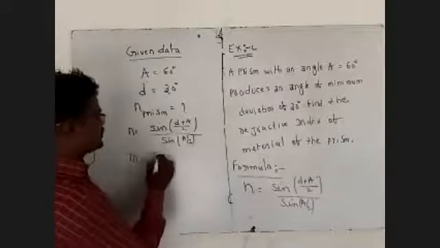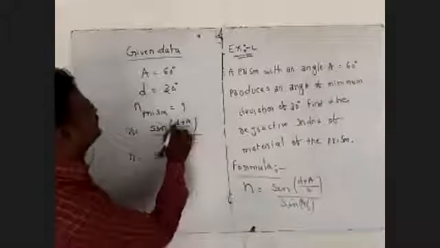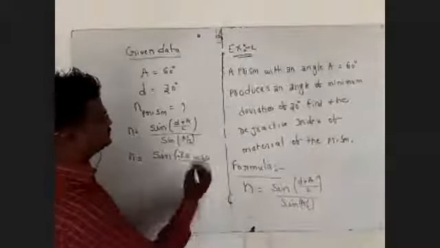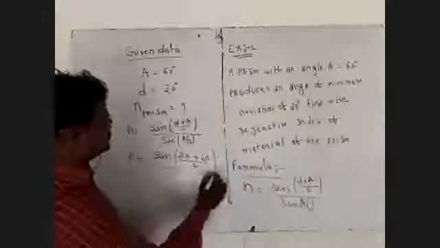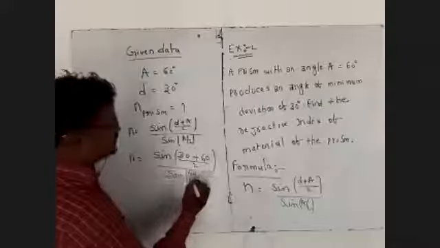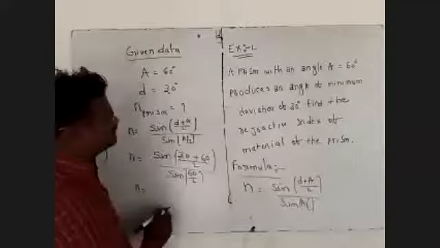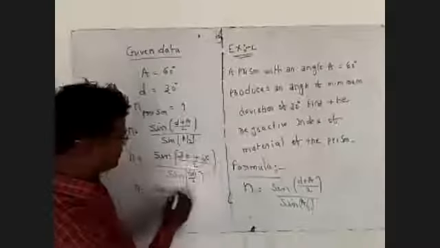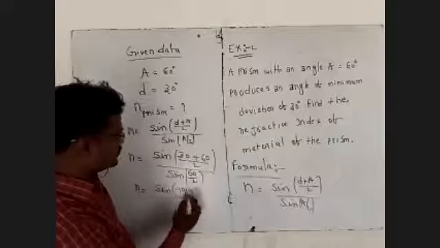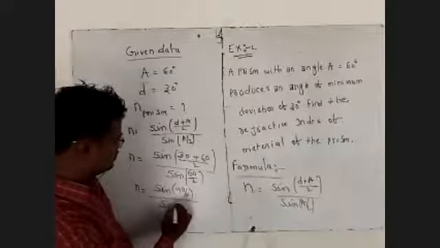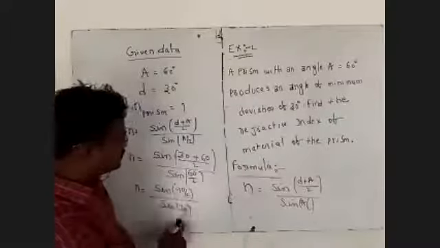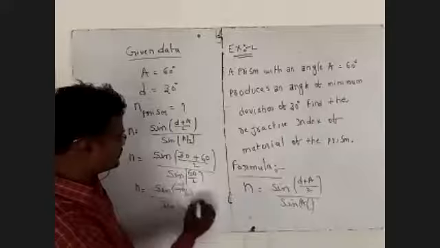Here n is equal to sine of (30 degrees plus 60 degrees) by 2 over sine of 60 degrees by 2. So we are simplifying this. Sine of 90 by 2. Two ones are 45, so sine 45.